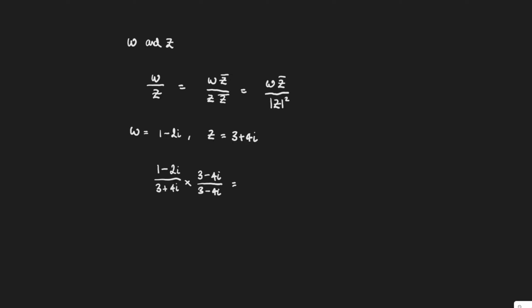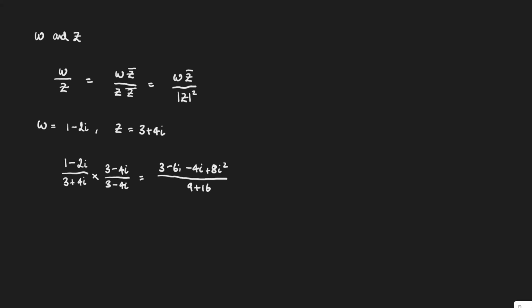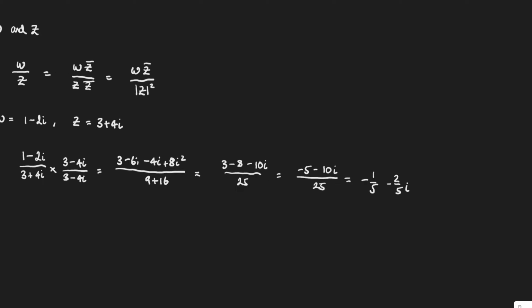And if we quickly just skip past all the intermediate maths, we're going to be left with something like this. 9 add 16 at the bottom, I've just cancelled the i squared really quickly, which should give us 3 minus 8 minus 10i over 25, which should give us minus 5 minus 10i over 25, which should give us minus a fifth minus 2/5 i, like so.